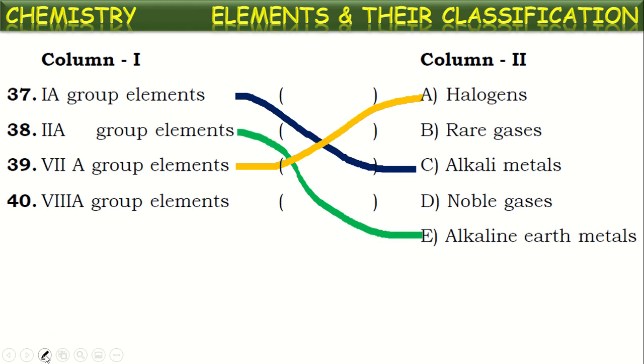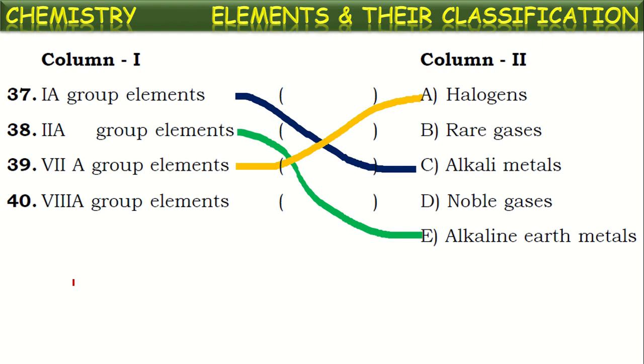Next, 8th A group elements. What elements are present in the 8th A group or 18th group of the modern periodic table? They are helium, neon, argon, krypton, xenon and radon. We know these elements are least reactive or highly stable elements. They do not participate in chemical reactions at all, neither with other elements nor even among themselves.